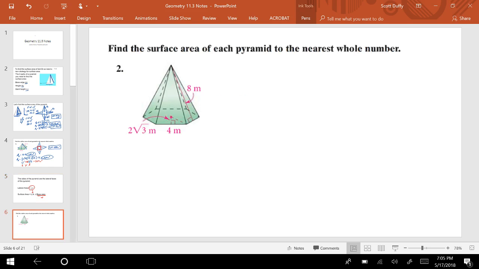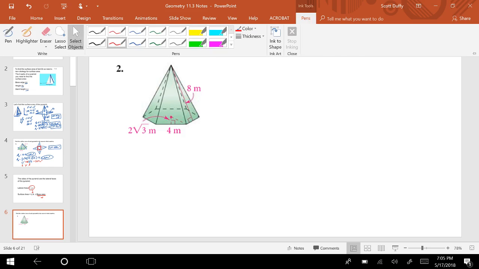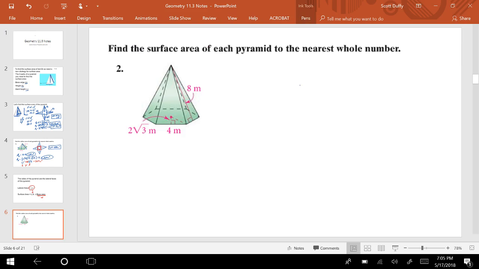Now let's do a harder one. If I were to draw this out, I see that this is a hexagonal prism, excuse me, pyramid. So I'm going to draw a hexagon. And I'm going to assume, because they don't give me more than one edge length, that all of these edges have a length of 4. And then they give me the slant height.